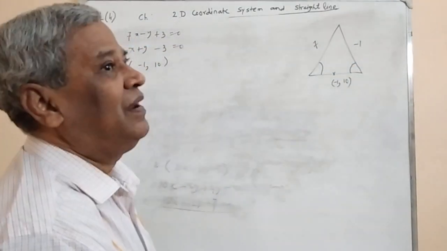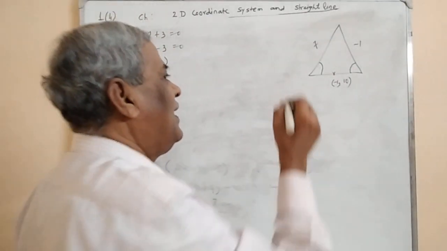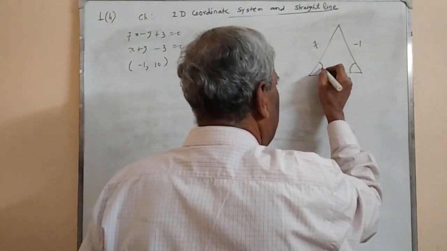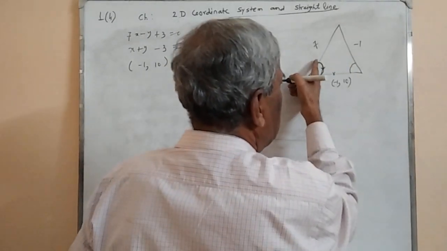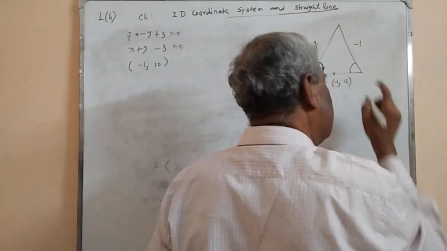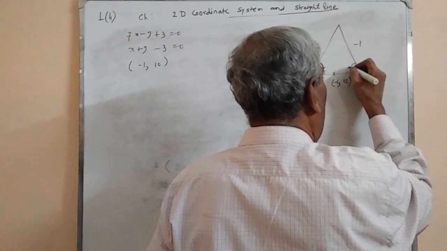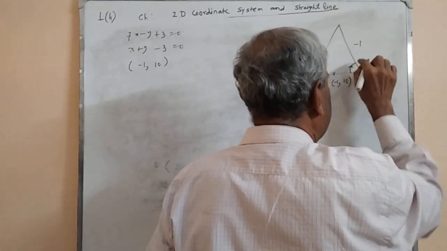And for measuring angle, we have to maintain the same direction. If you measure the angle along that one, from this to that, that is clockwise direction, you have to measure in the same direction, that is clockwise. First take this and then take that.